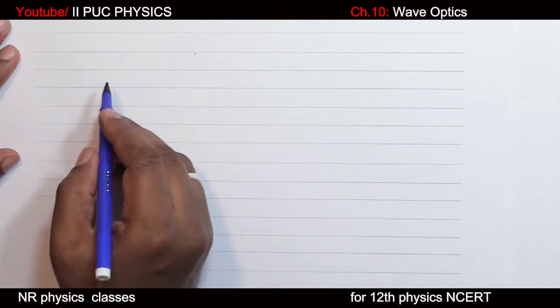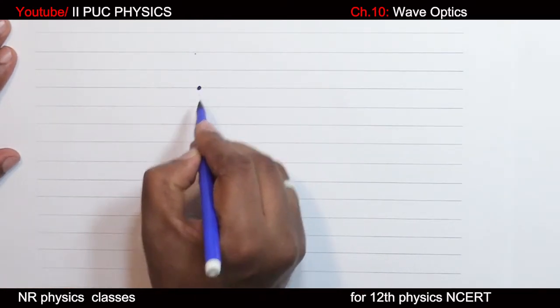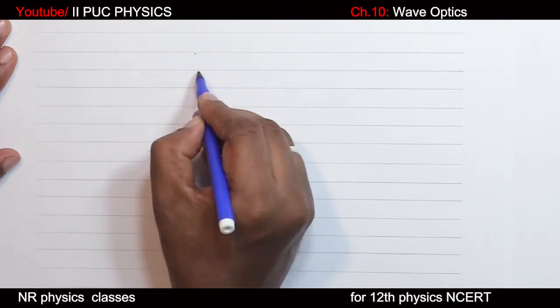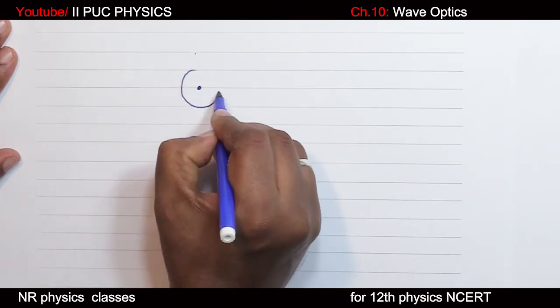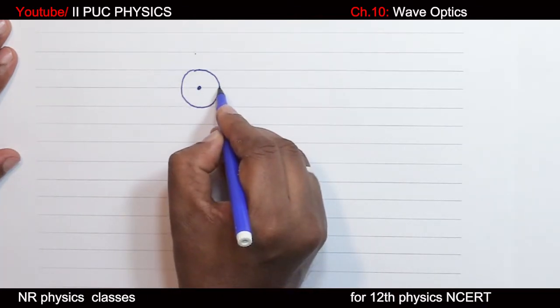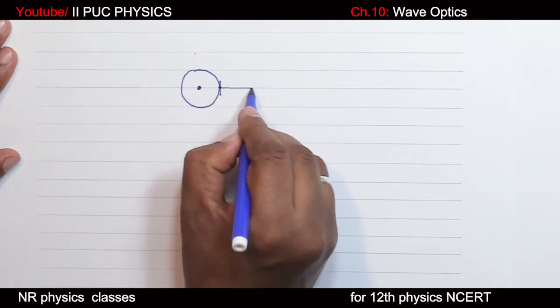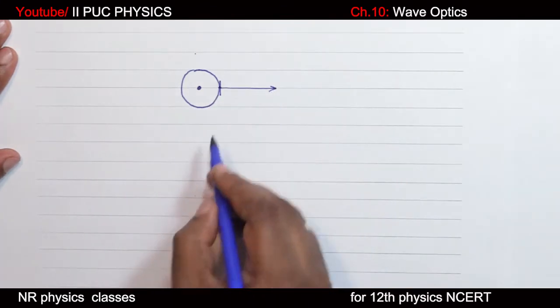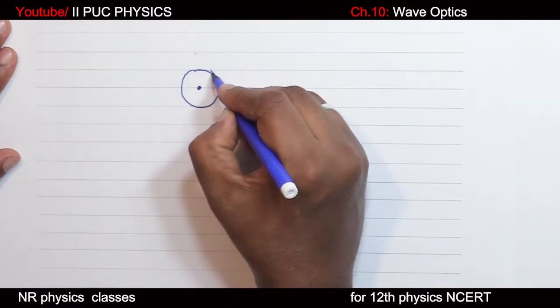Now observe, this is a point source. From the point source there is a spherical wavefront. Let me draw a tangent at this point, and a perpendicular to this tangent. Similarly at this point, tangent and perpendicular.